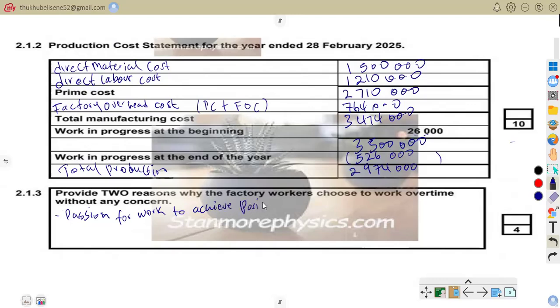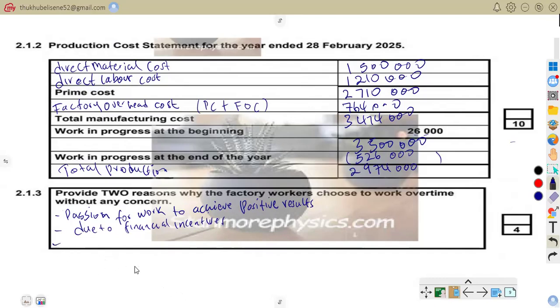Or due to financial incentives. That would be one of the reasons why the factory workers choose to work overtime.